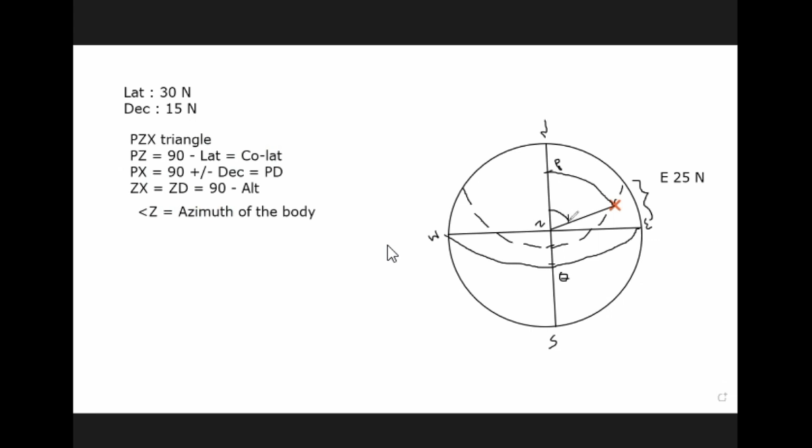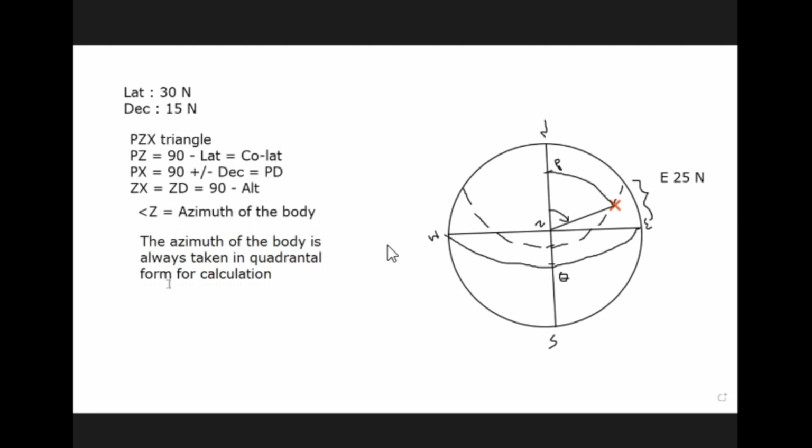But Z is always taken in quadrantal form. I already told you what the quadrantal course is, no? The azimuth of the body is always taken in quadrantal form for calculation. I'll give you the sign, north or east, when we do it later. So that is Z, the azimuth.